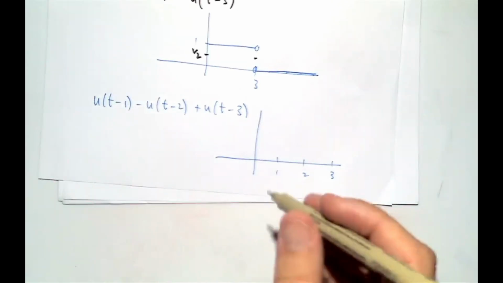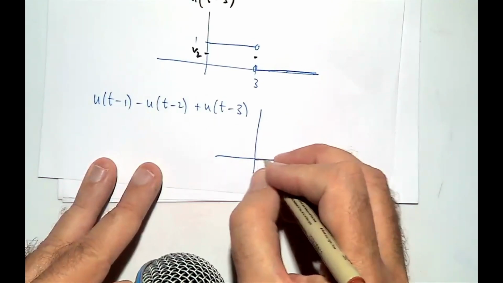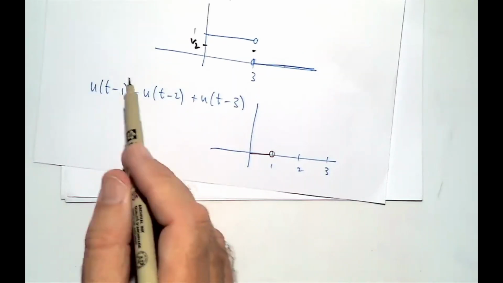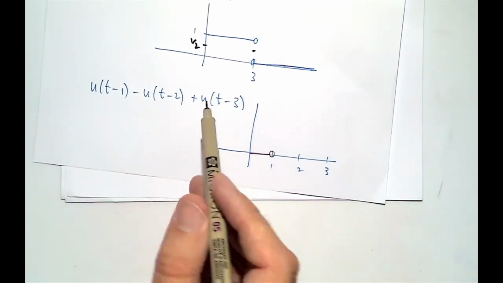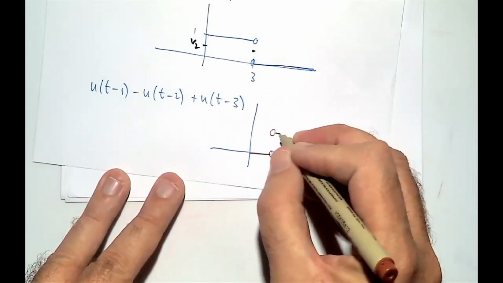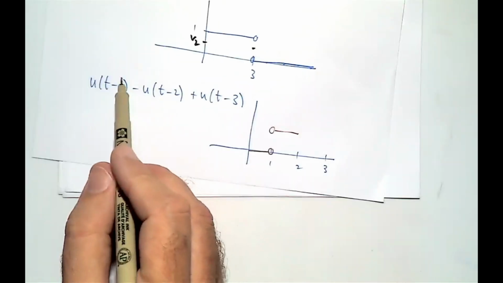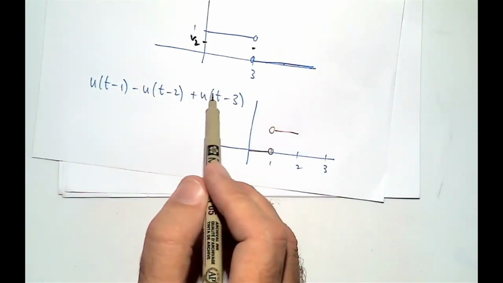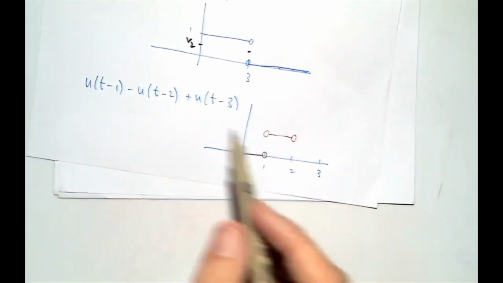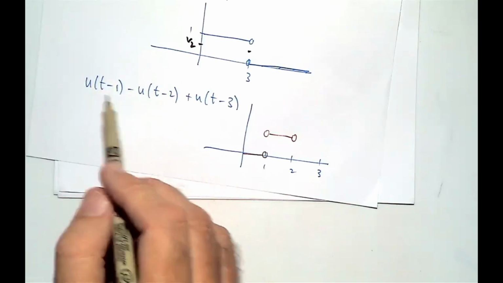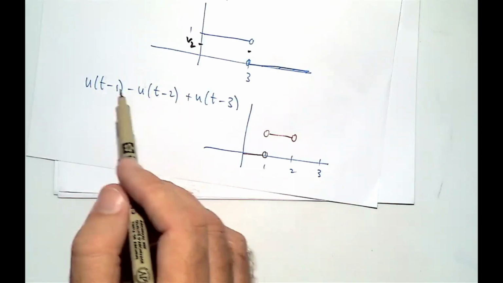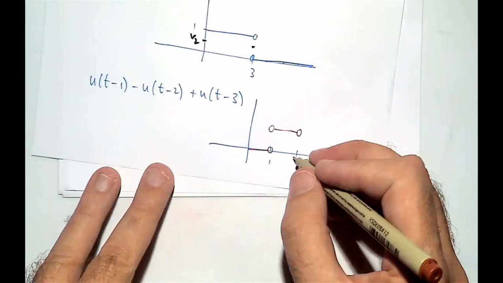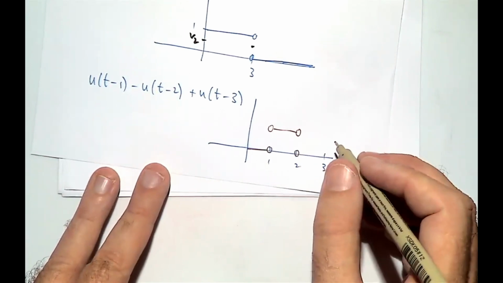So this is off and then it gets turned on, but both of these are still off. This is on, this gets turned on, 1 minus 1 is 0, that's still off. Both of these are still on and negated, this gets like this.